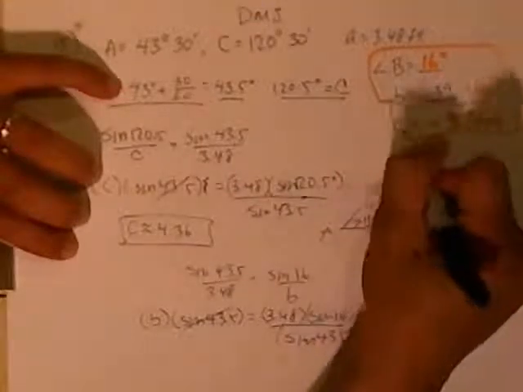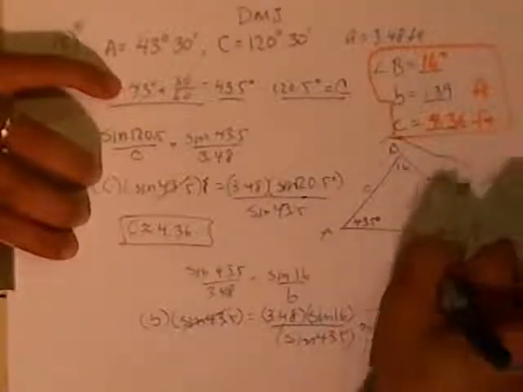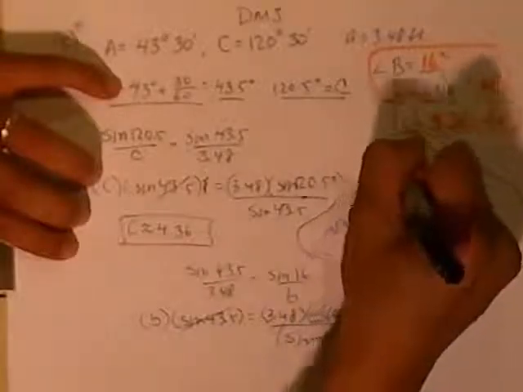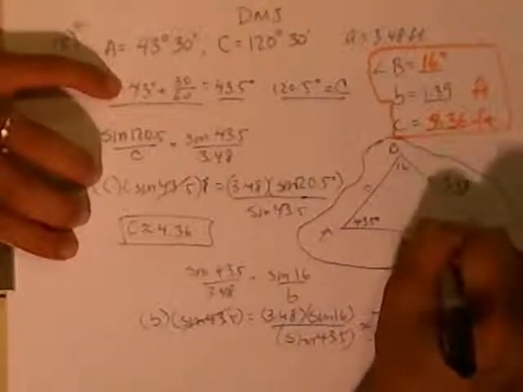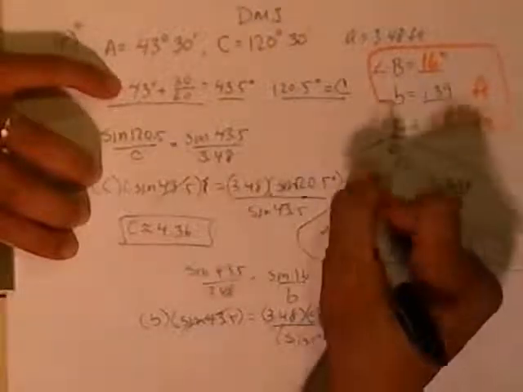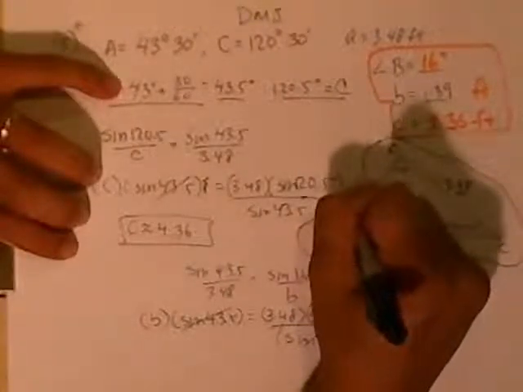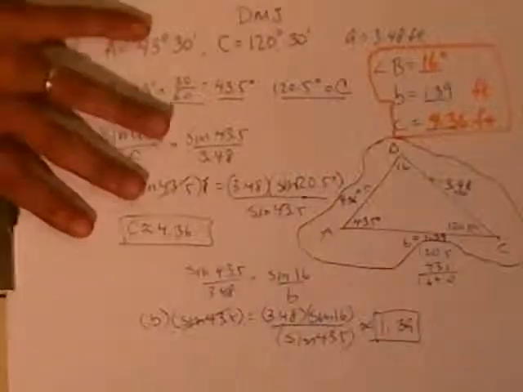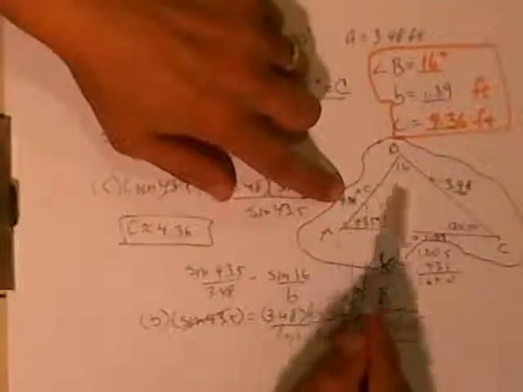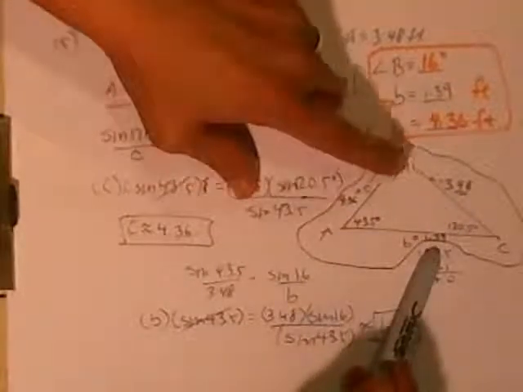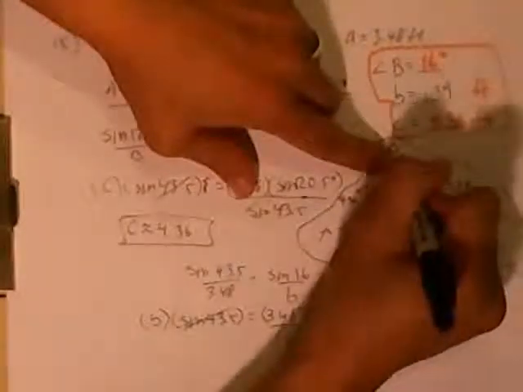So let's look at this triangle one more time. So this is very important. We want to do the quick check. B is equal to 1.39 and then C is equal to 4.36. Remember, quick check. Biggest angle, biggest side. Is it? Yes. Smallest angle, that's 16 degrees right there.